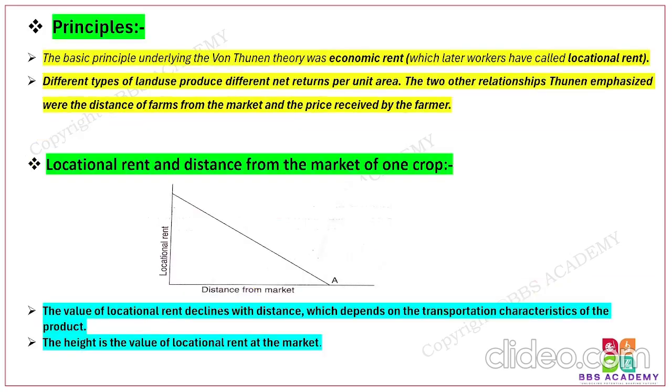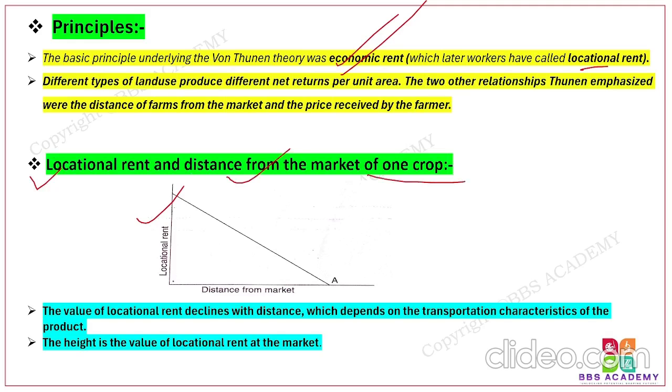If we see the principle, basically the underlying principle of von Thunen's theory was economic rent. Later workers called this economic rent locational rent. In this drawing, von Thunen tries to explain the relationship between the locational rent and the distance from the market of one farm.